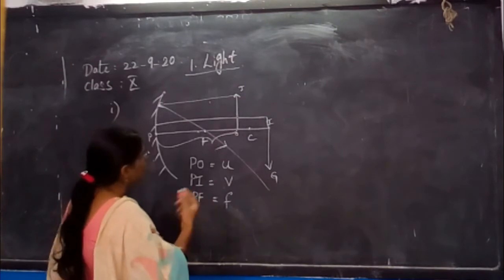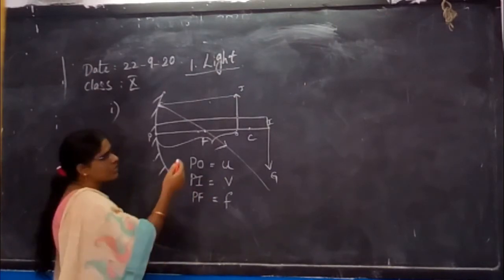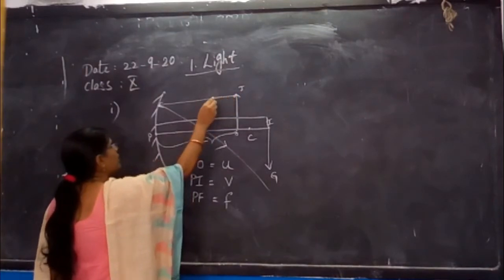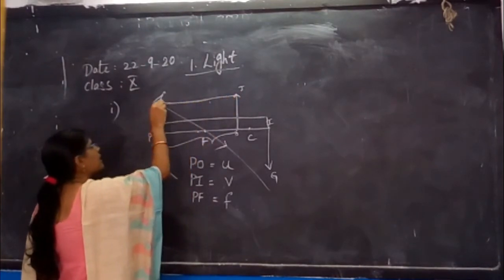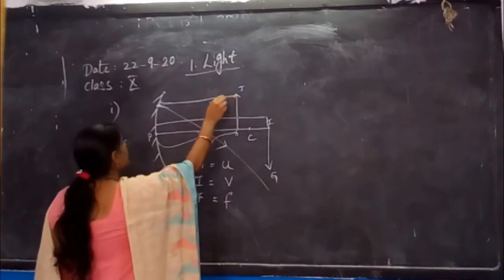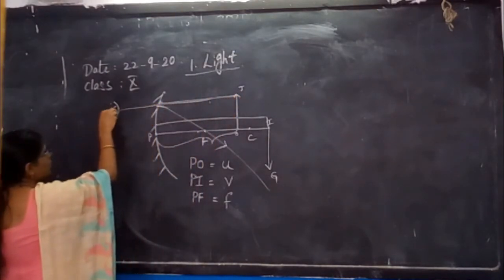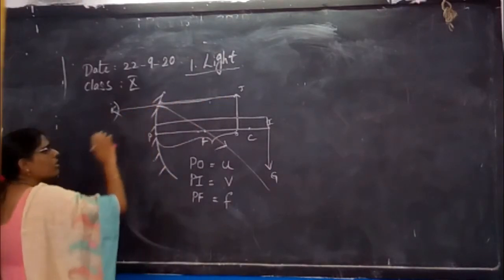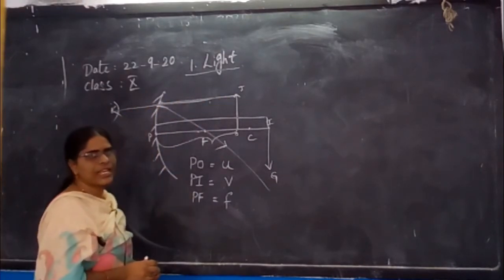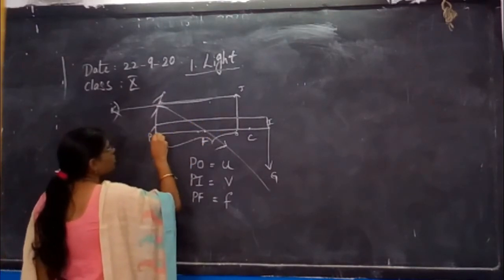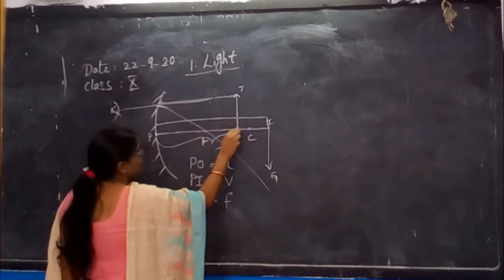Now here we will apply our rules which I have told you. Incident ray: from the object the rays are coming and falling onto the mirror. In this direction is my incident ray moving or not? In this direction all the distances must be taken as positive. Look here, pole to the object.